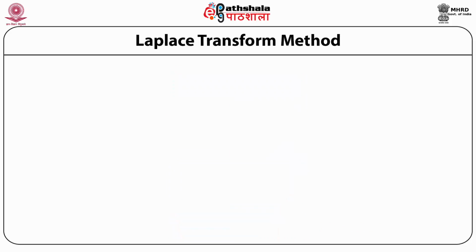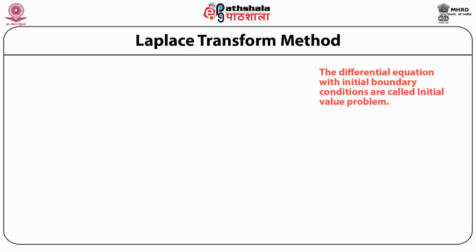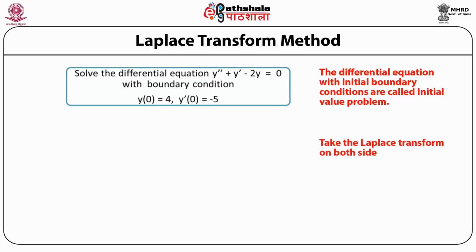Laplace transform method. Let us see how we can do the same differential equation solution using Laplace transform method. Step 1 is we take Laplace on the whole equation. L of y double dash plus L of y dash minus L of 2y is equal to L of 0.